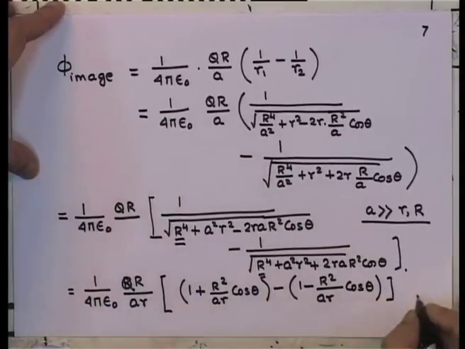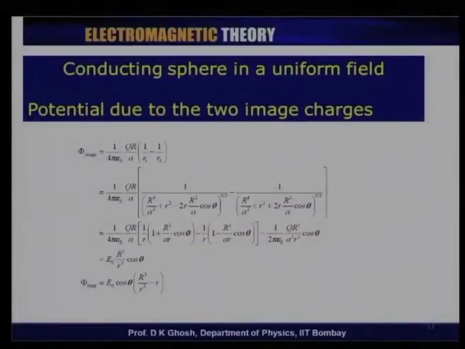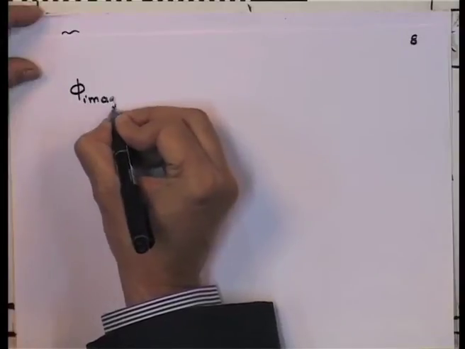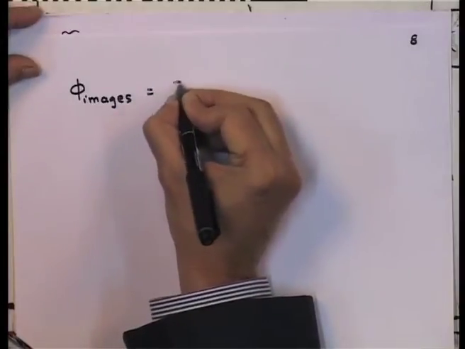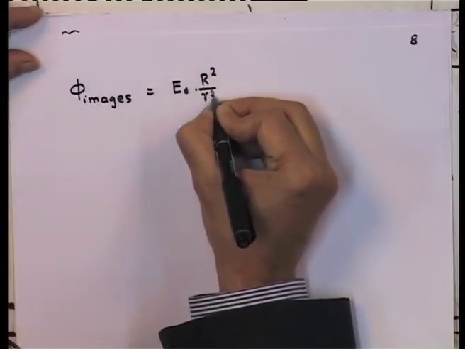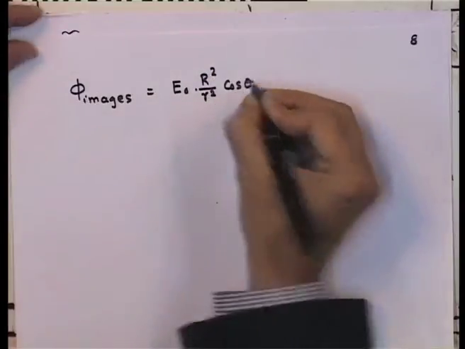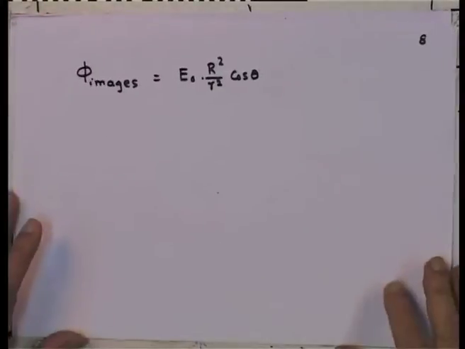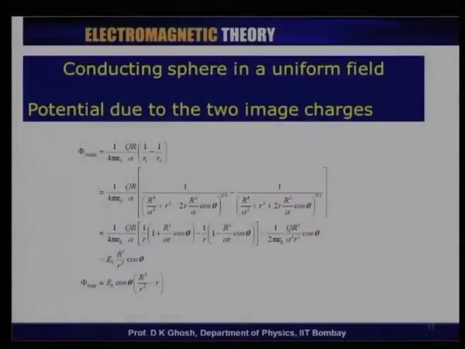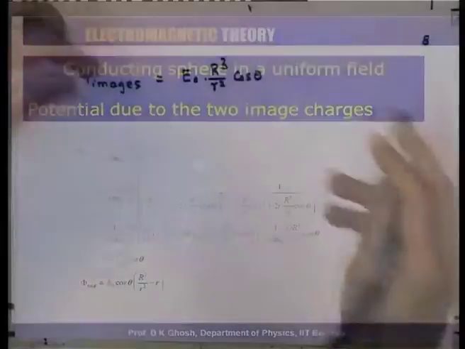Just open it up and you can find that the potential due to the images is given by E 0 r square by r square times cos theta. Sorry, this should have been r cube by r square times cos theta.